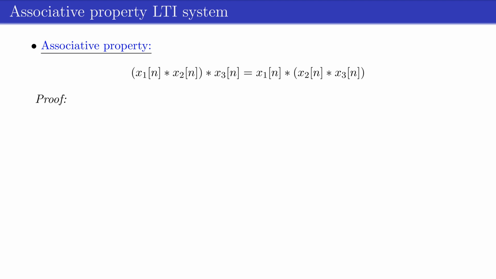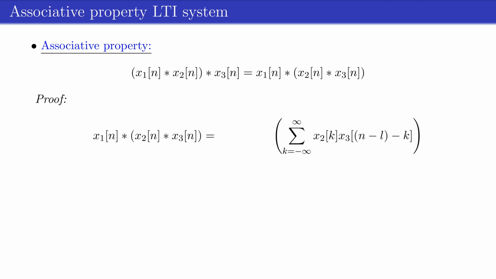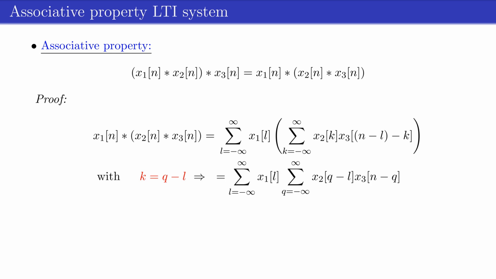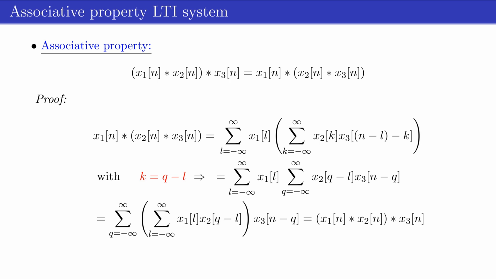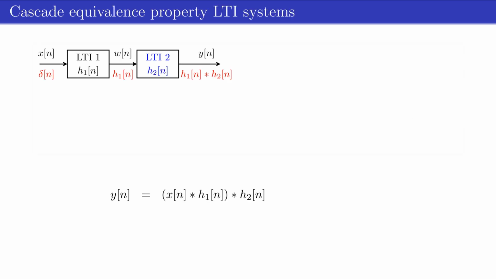The proof of this associative property is given in the following steps. The associative property of an LTI system results in the following so-called cascade equivalence.